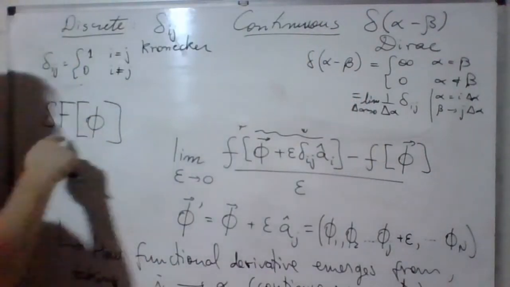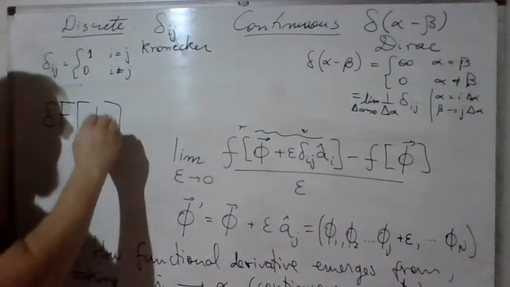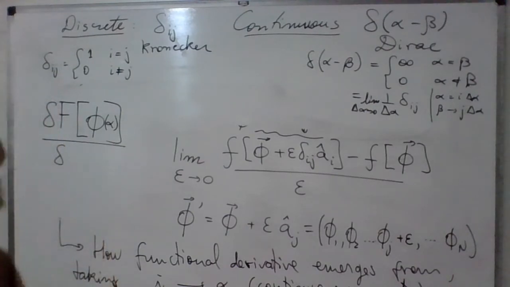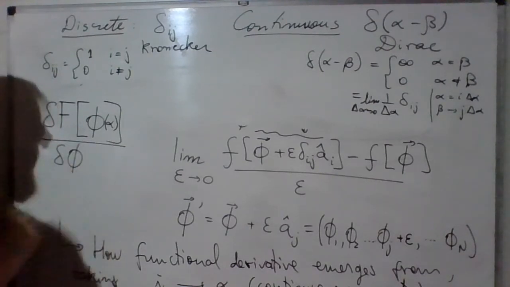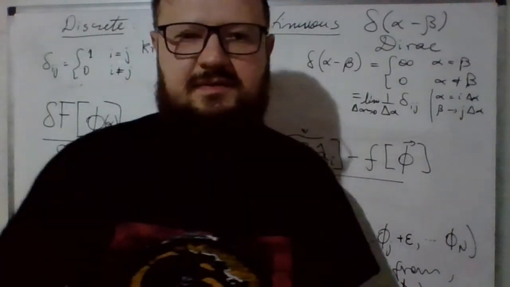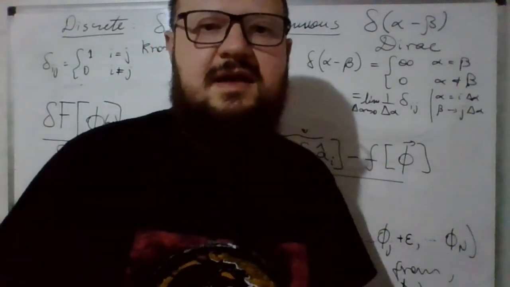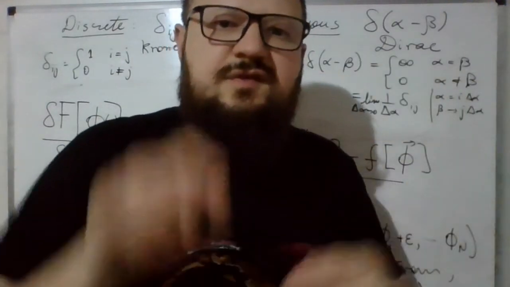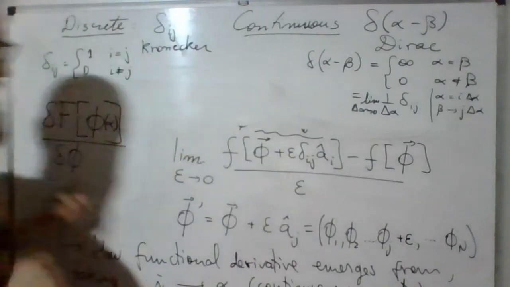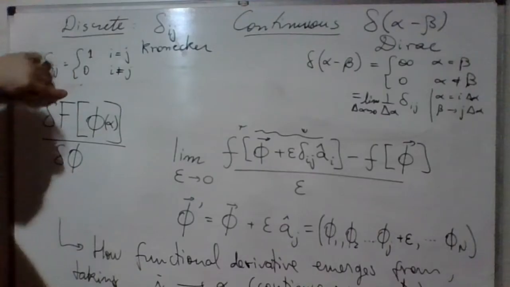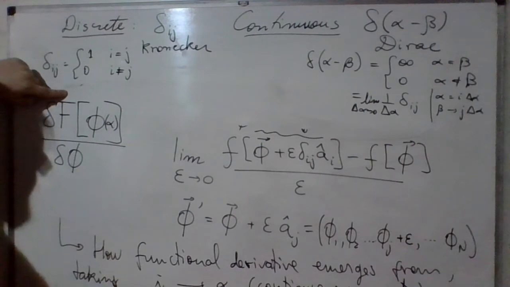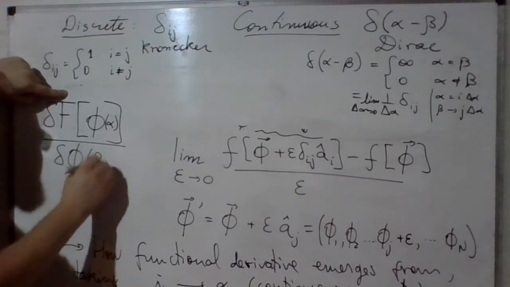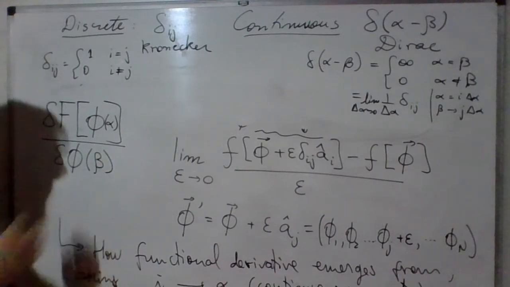Suppose this is phi of alpha indexed by alpha, and I want to variate with respect to some specific point. Just like in the discrete case, I want to calculate the partial derivative with respect to some phi j. Now I want to see what happens to this functional if I change a little bit the point beta, in phi beta.